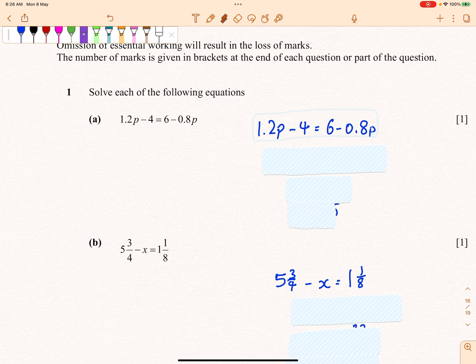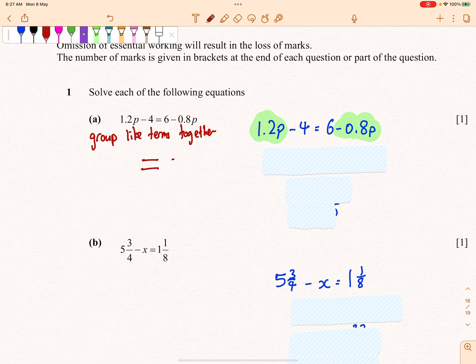First, after copying down the question, what you want to do is group the like terms together. So who are the like terms? P and P are like terms. Remember, minus 0.8 P is one term, the minus follows the 0.8.